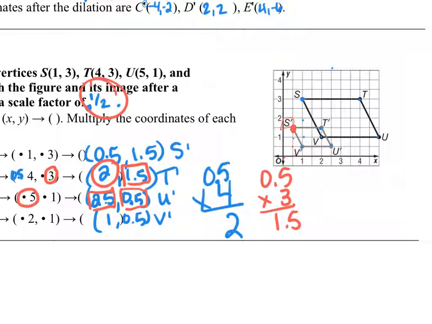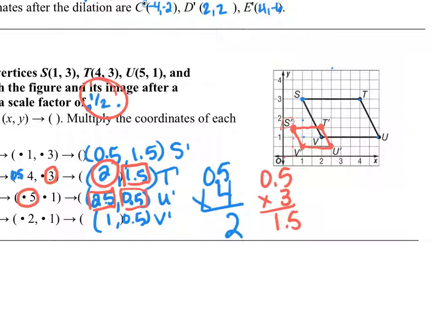T prime is 2, 1.5. And then U prime is 2.5 and 0.5. And then V is 1 and 0.5. How do you feel about that so far? Then they just connected all of those points and made our new parallelogram.